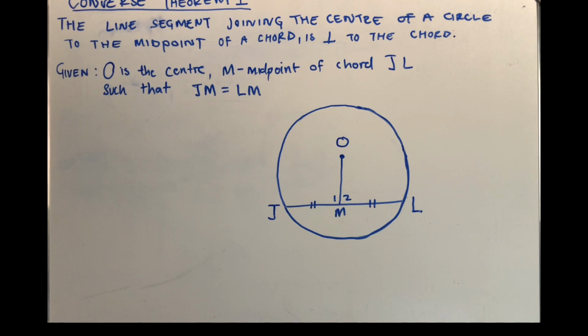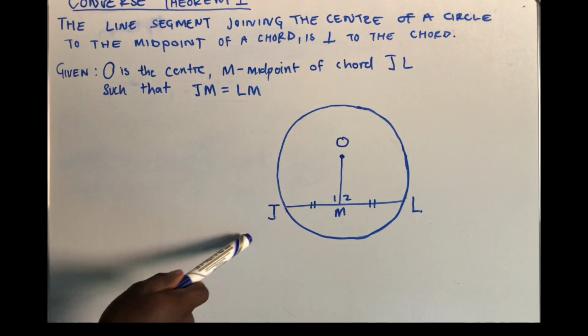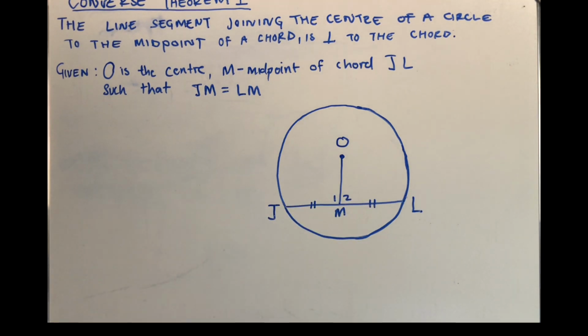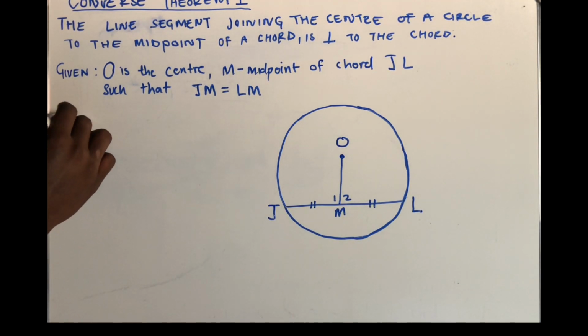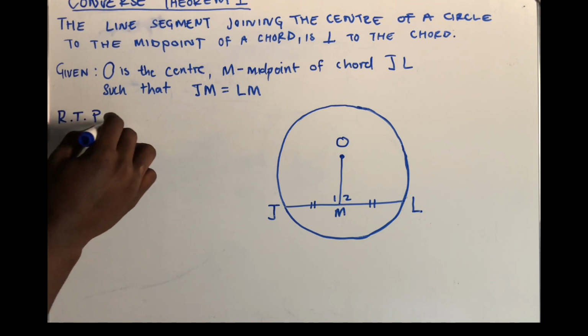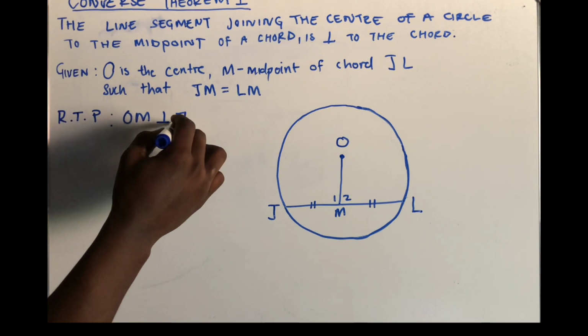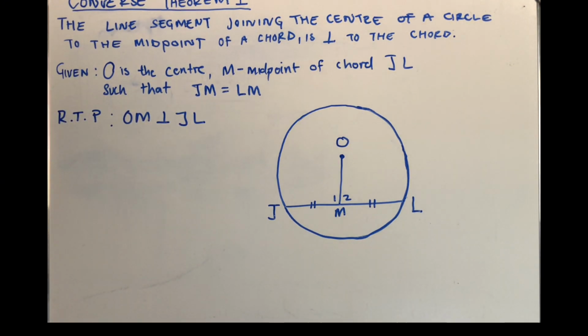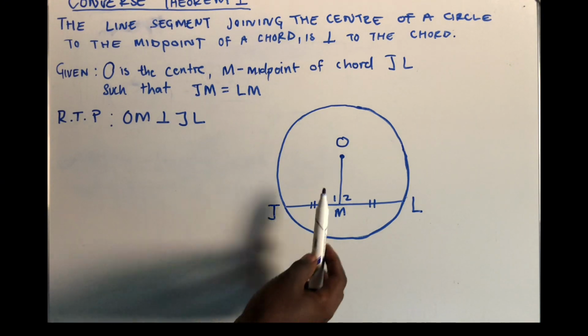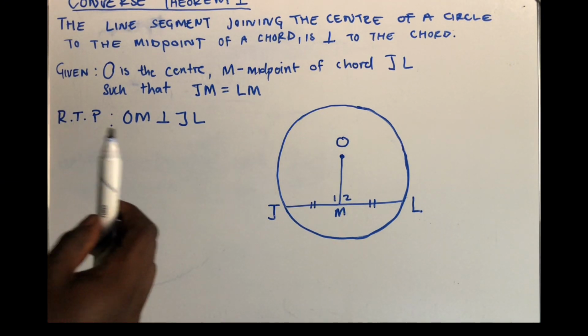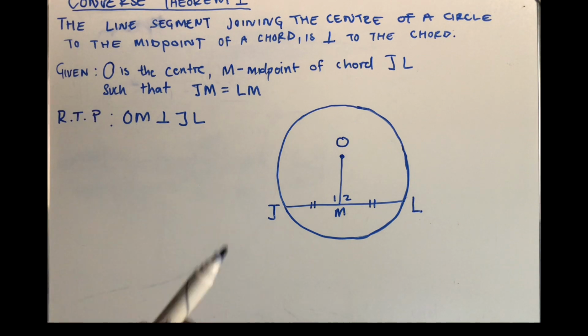Now what we are required to prove is that OM is perpendicular to JL. How can we prove if OM is perpendicular to JL? The easiest way to prove is that the angles in between the perpendicular lines have to be 90 degrees.